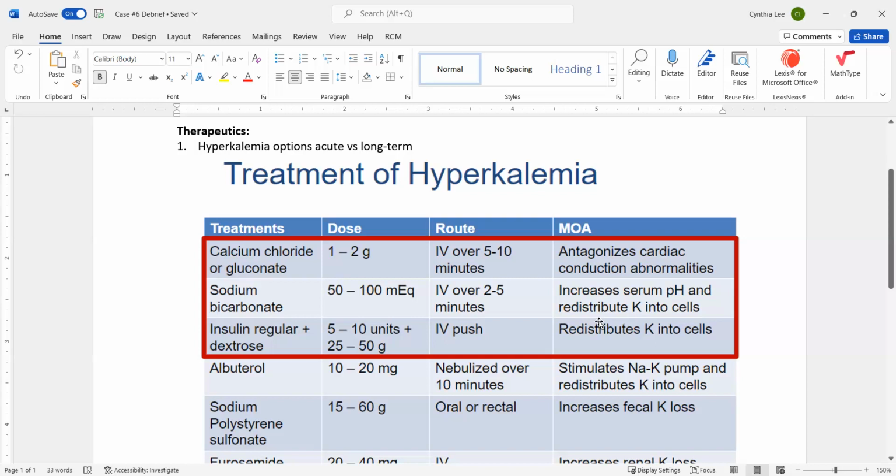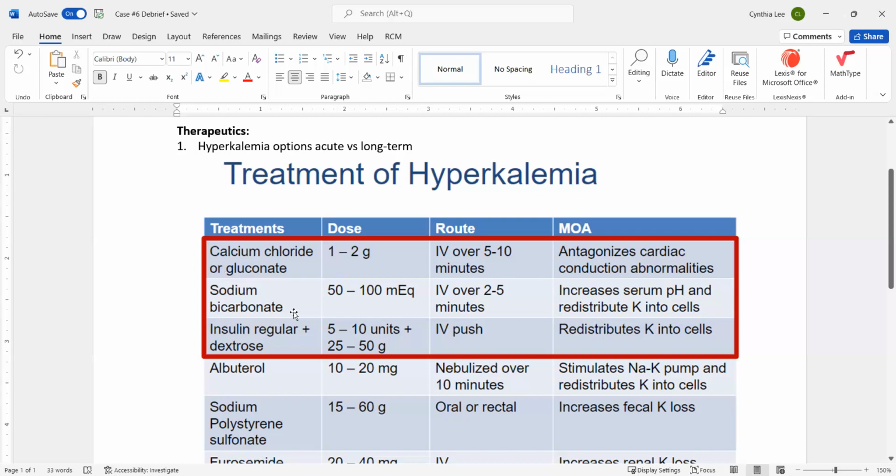But again, after you resolve the hyperkalemia, after you resolve the cardiac arrest, you want to make sure that you give another treatment to excrete the potassium. But at this time, in the critical setting, you need to give them the IV medication, either the insulin regular, and remember to give them dextrose. You want to prevent hypoglycemia in this patient if you're giving insulin.